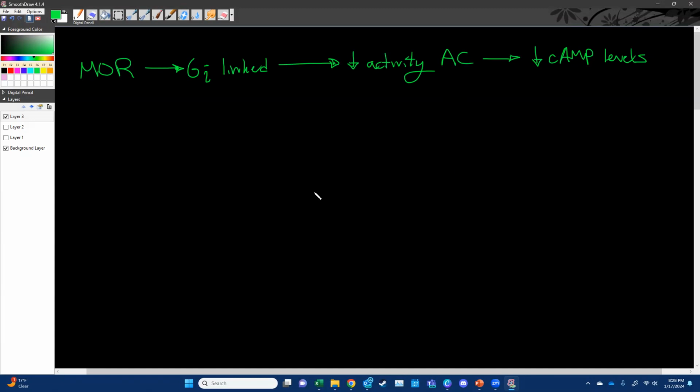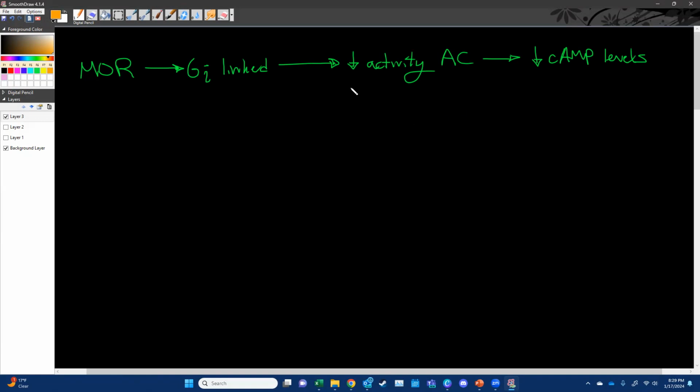What ends up happening is that the body recognizes this decrease in adenylate cyclase activity, and so it starts to try to adjust for this decrease.